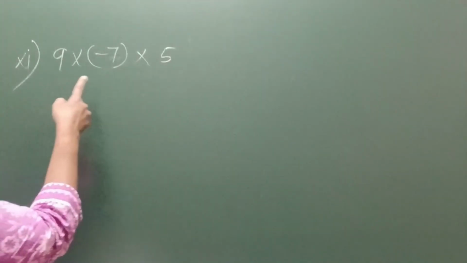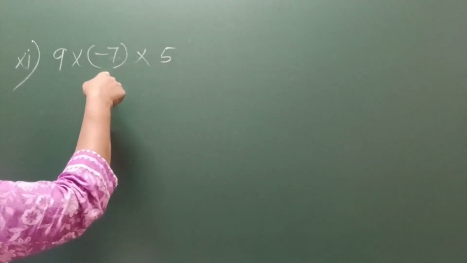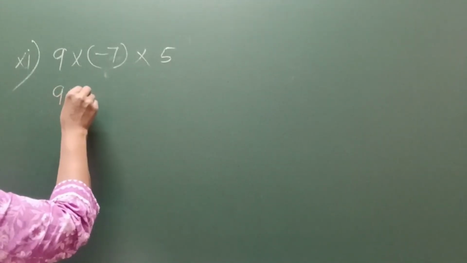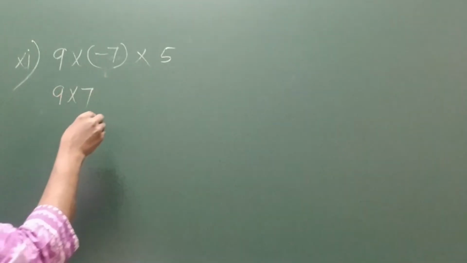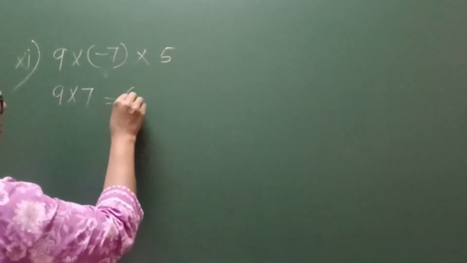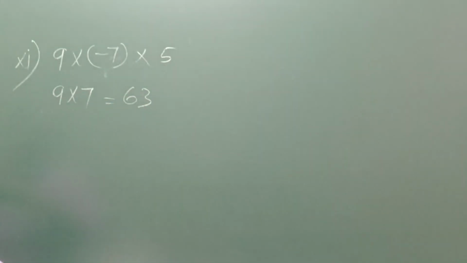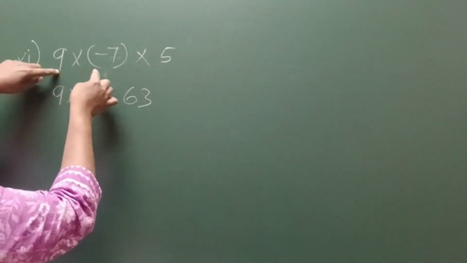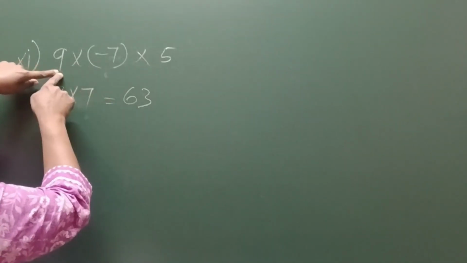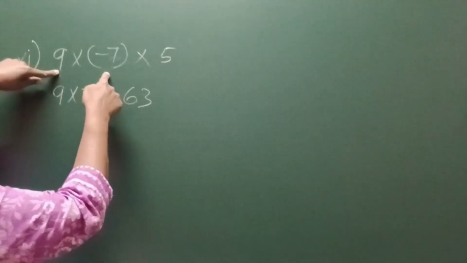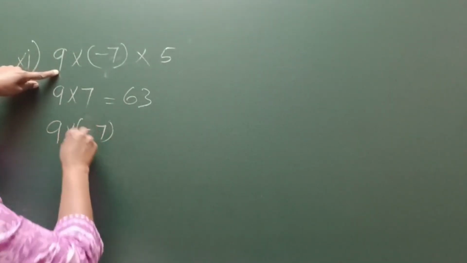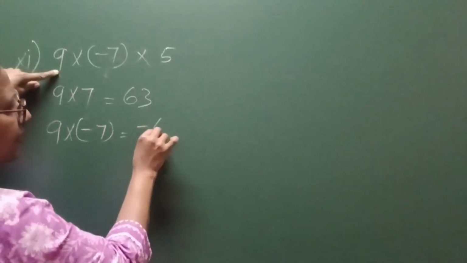So here we have to find the absolute value of minus 7, that is 7. So 9 into 7 is equal to 63. But actually, one is positive and one is negative, so 9 into minus 7 is equal to minus 63.